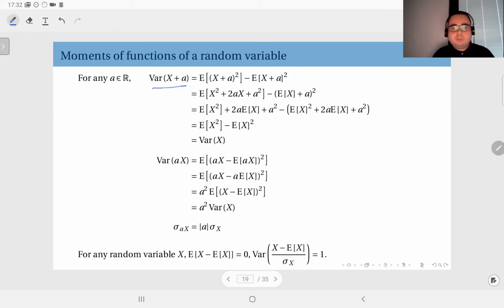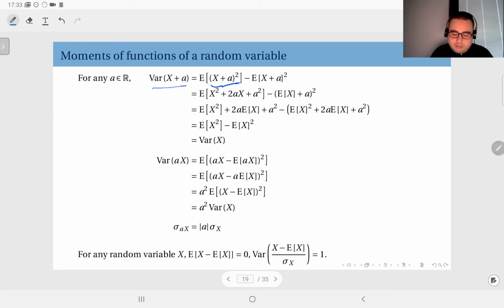The variance of x plus a, by definition, is the second moment of x plus a, which is a random variable. X plus a is a function of random variable x, so we can see it as a random variable by itself, minus the square of the mean of x plus a. If you expand this x plus a squared, you get x squared plus 2ax plus a squared, minus, we have just seen that the expected value of x plus a is the expected value of x plus a.